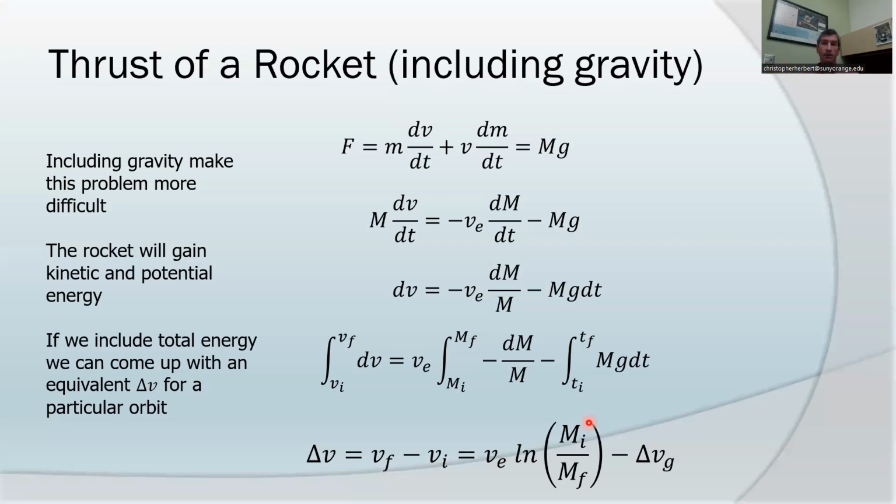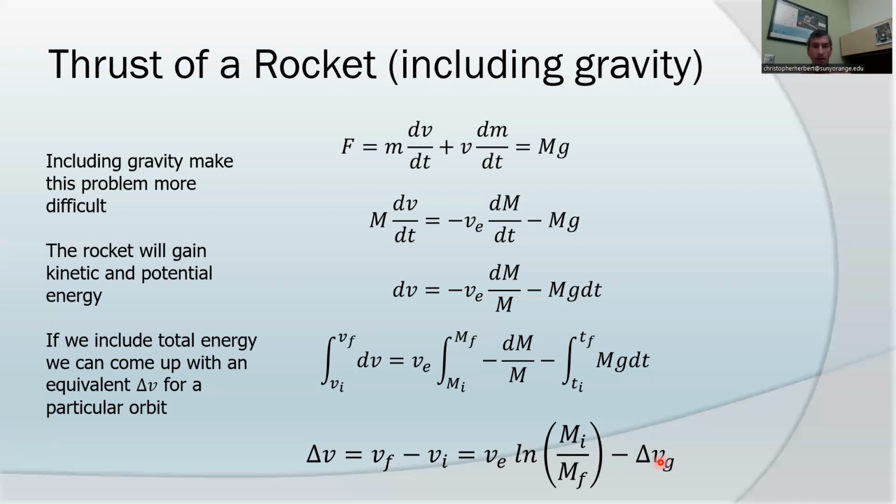Now, if I do include gravity, it becomes much more difficult, because the gravitational force will change as a function of position. And as we can see at takeoff, we can come up with a general delta V, subtracting off the effect that gravity is going to have.